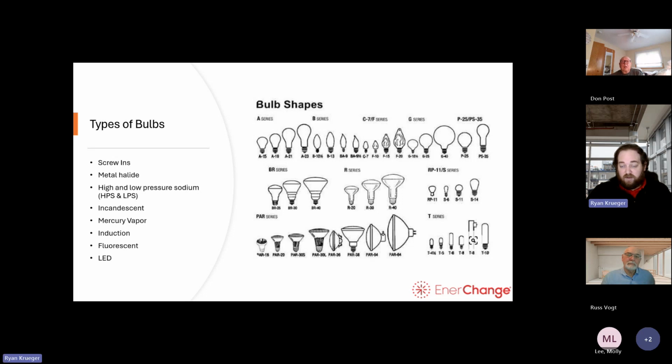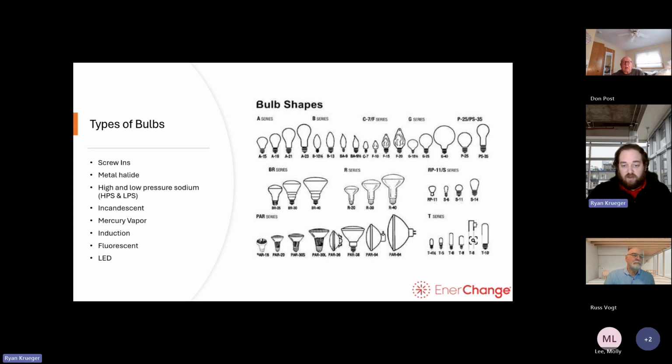C series is a similar game. G is globes. In dressing rooms, you'll see G25s around the mirror, and then they go up in size. But then there's BR, there's the R series, there's PAR, and then the T series. The T series is tubes: T8s, T5s, T12s. The BR is more directional.